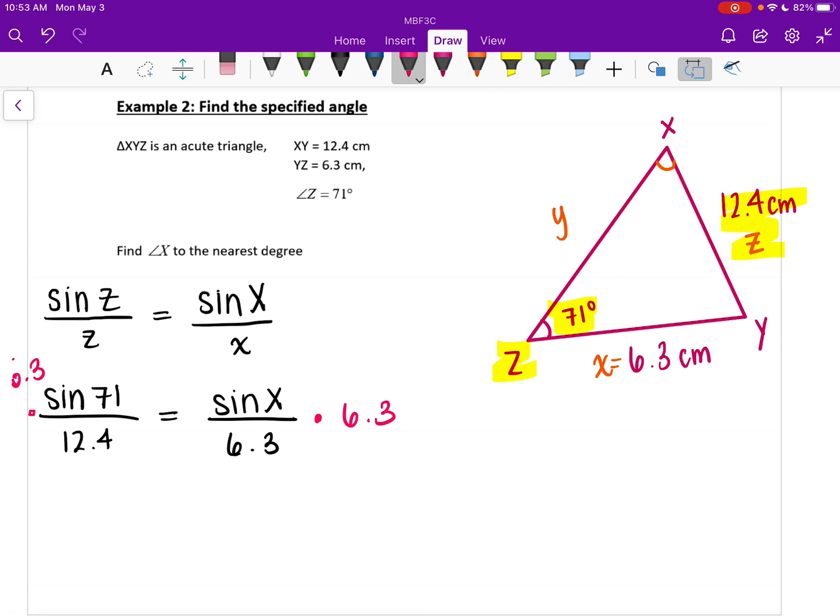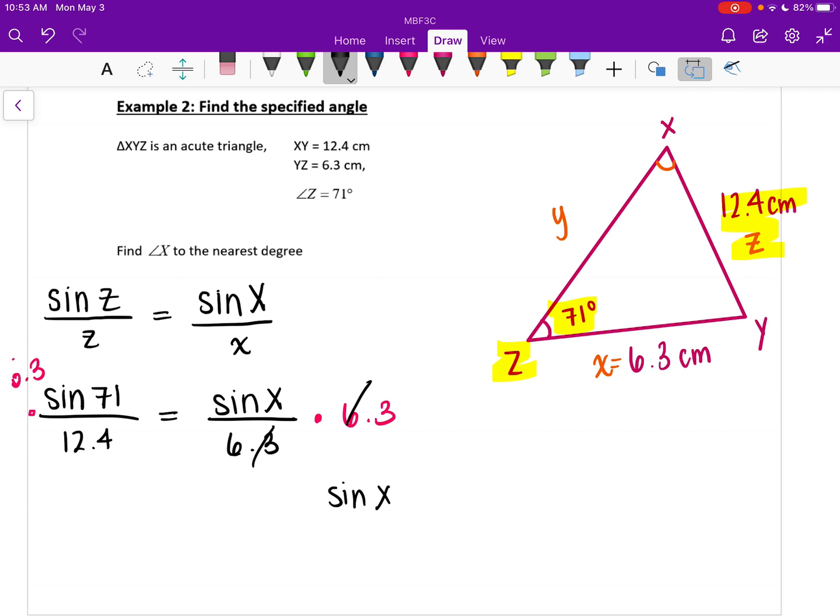Okay, so I'm going to do sine X, cancel these out. So I'm going to do sine 71 divided by 12.4 times 6.3 is equal to, just got to plug it into my calculator.